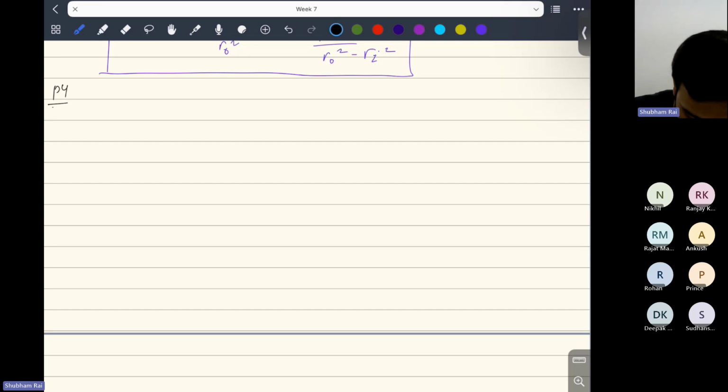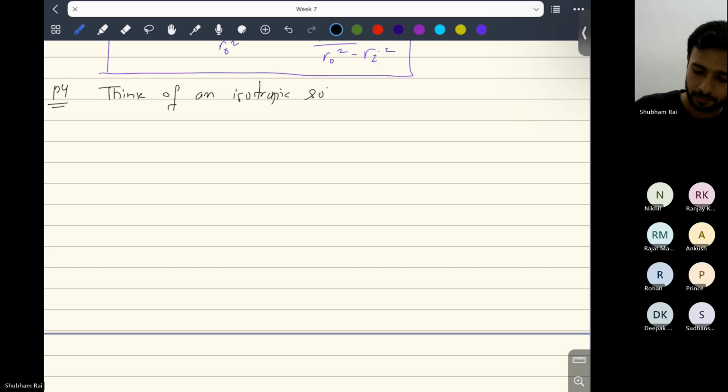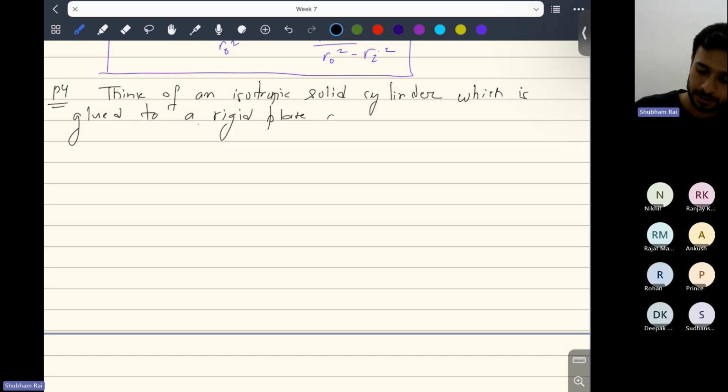So in this problem, you have to think of an isotropic solid cylinder which is glued to a rigid plate at both its ends.